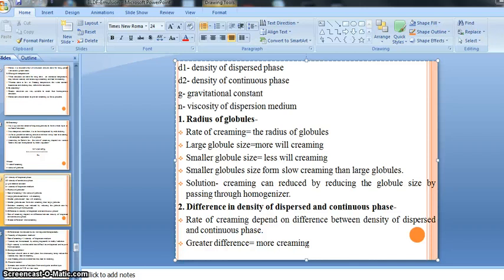And in case of less difference, suppose we add 10 ml continuous phase and 9 ml or 8 ml dispersed phase. That time the difference of weight of those two phases is small, right? That time there are chances of less creaming, right? The greater the difference, the more the creaming.